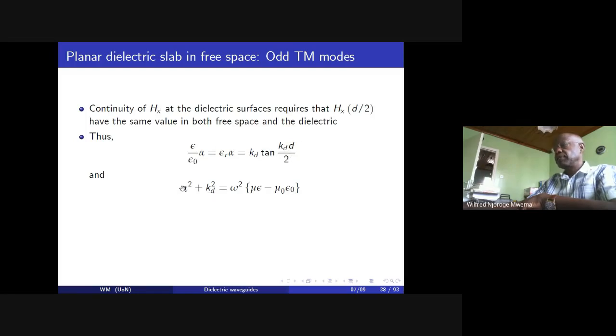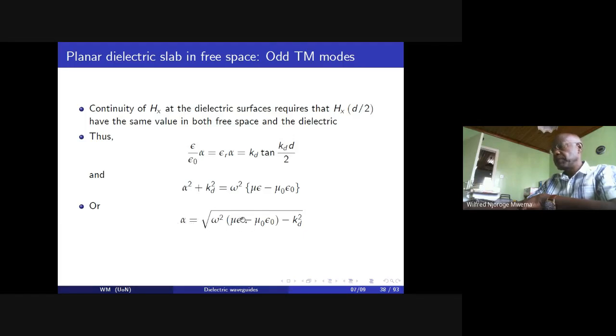And from the dispersion relation, we see that alpha squared plus kd squared must be equal to omega squared into mu epsilon minus mu naught epsilon naught. And this, we can always write as alpha equal to that value.